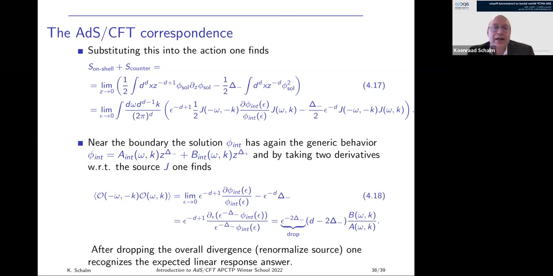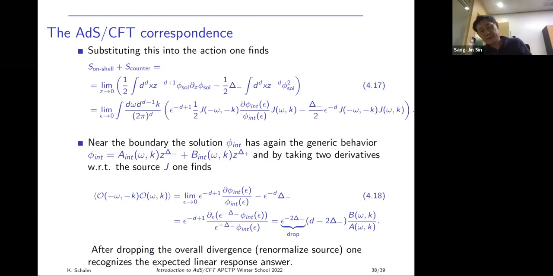Yes, I think what you say is that there is a way to recast it again, at the end of the day, as a B over A term. Yes, that's correct. If I think of B and A, yes, you're correct.